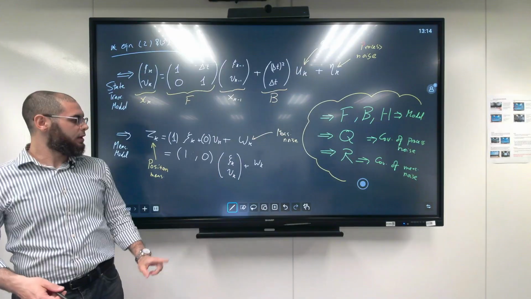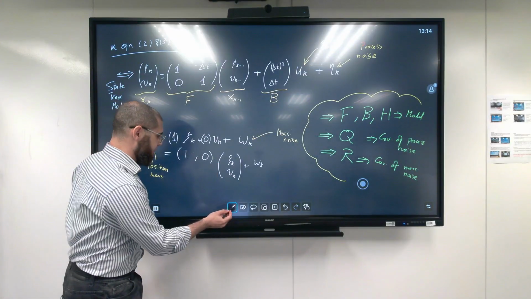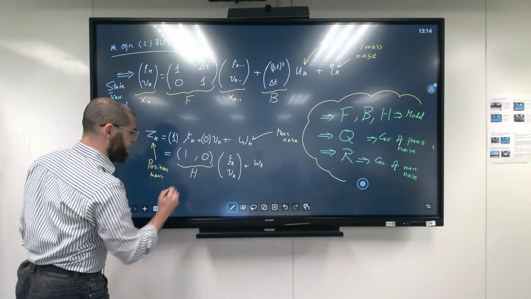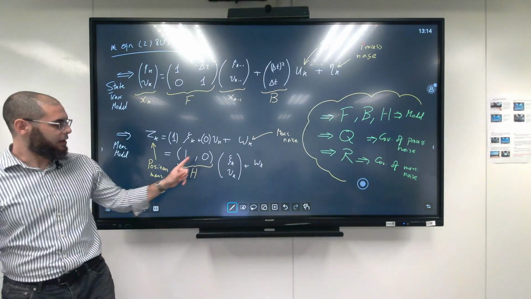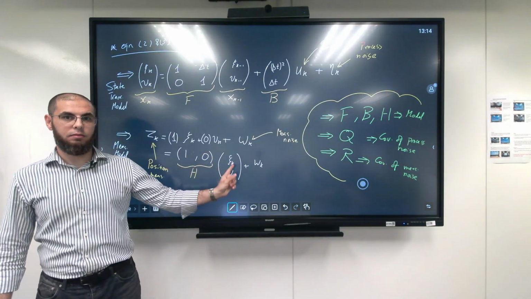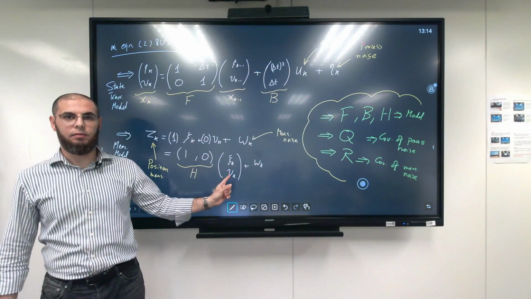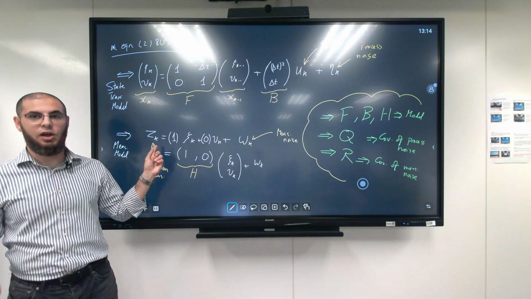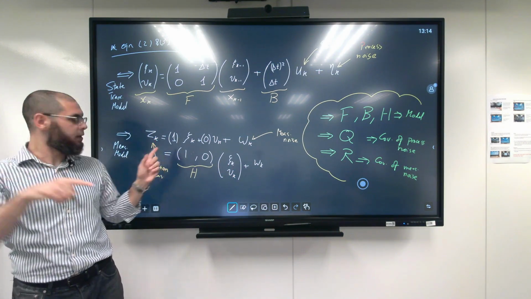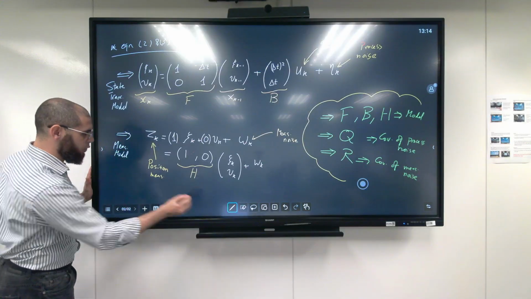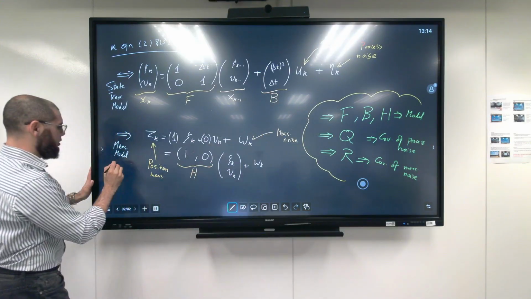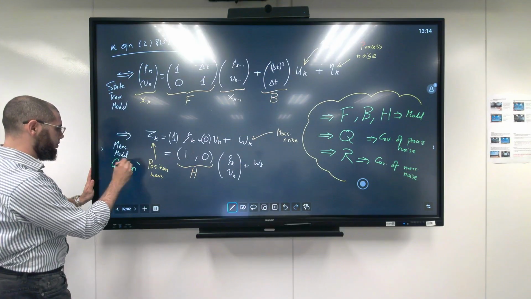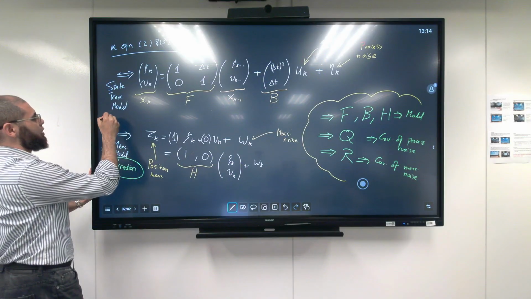But the point I want to make here is that this matrix H relates the state at time step k to the measurement, the observation that you're going to be using for the correction step. So this is the measurement model used for the correction, and this is the state transition model you use for the prediction.